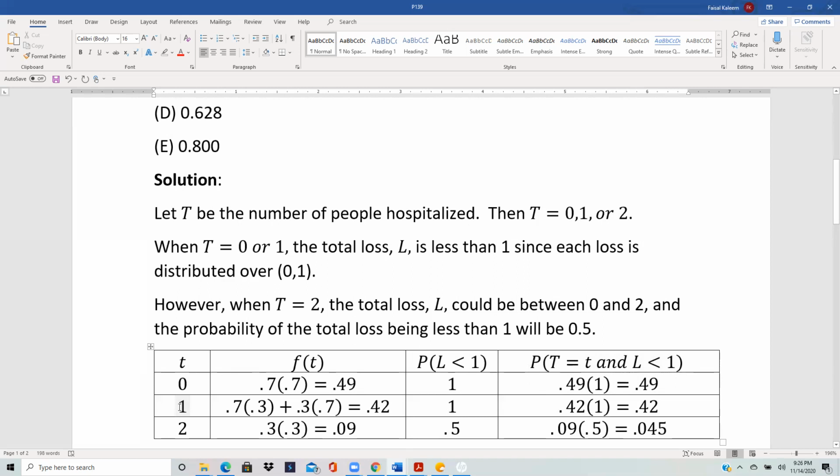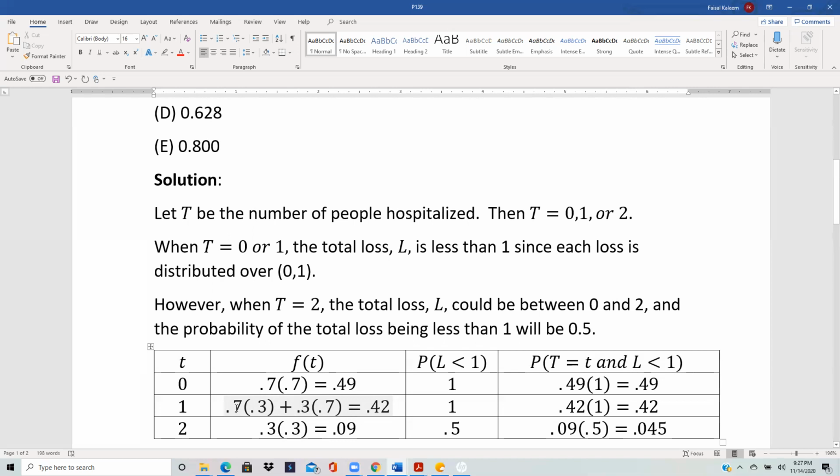So now T is equal to 1 means one person is hospitalized. That can happen in two ways. Either the driver is hospitalized and the passenger is not hospitalized, so you have 0.3 times 0.7, or, "or" means addition, the driver is not hospitalized and the passenger is hospitalized. In either case, both of them have the same probability.